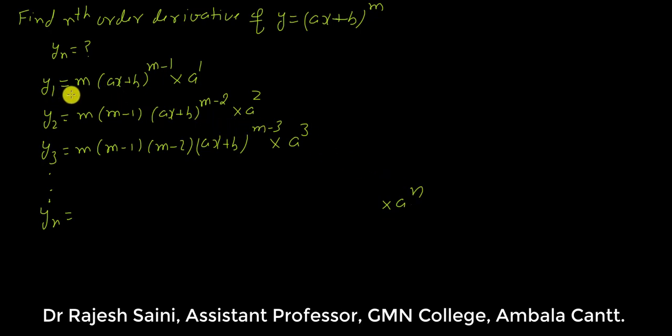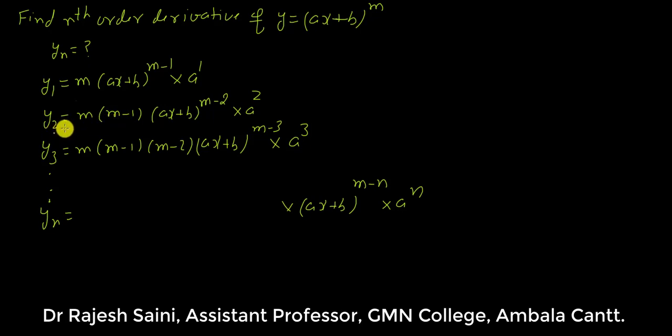Similarly, here is 1, so here is m minus 1; here is 2, here is m minus 2; here is 3, here is m minus 3. So whenever here will be n, (ax plus b) raised to the power m minus n. Fine.